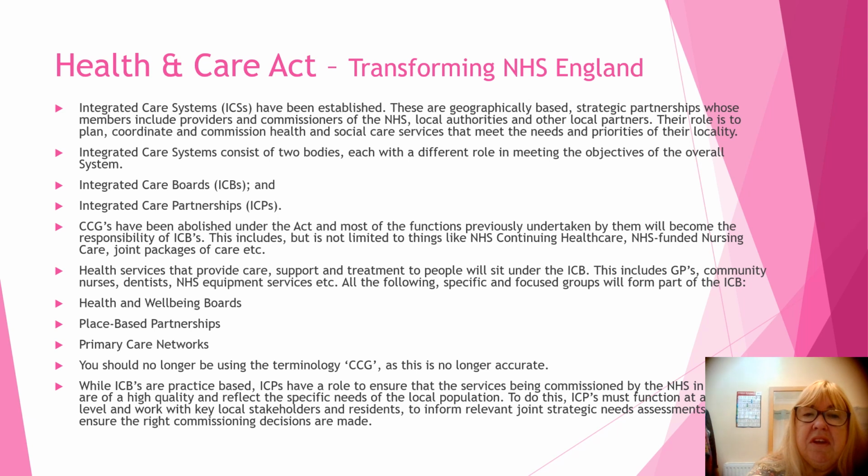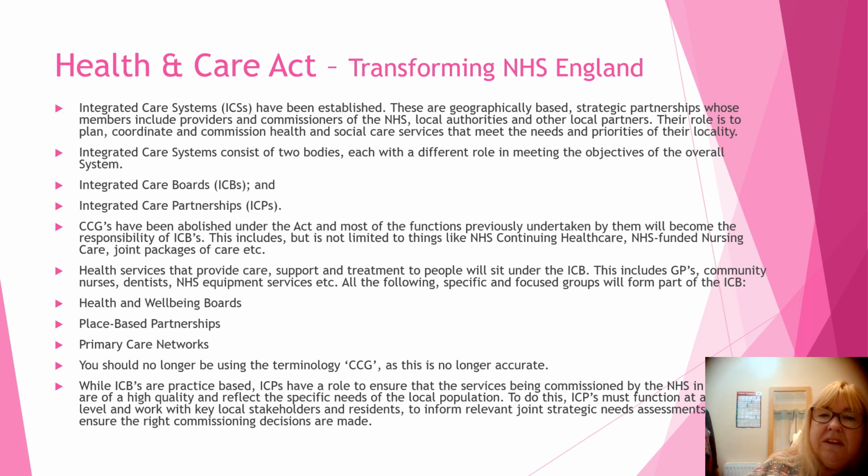One of the most important things is the integrated care systems that have been established, and they are based geographically at different parts of the country, bringing localities together. They include providers and commissioners of the NHS services and the local authorities, because there used to be quite a split. The NHS provided healthcare, local authorities provided social care, and sometimes when one of your clients had a foot in one camp and the other, there was a bit of a mismatch, people not being able to work together.